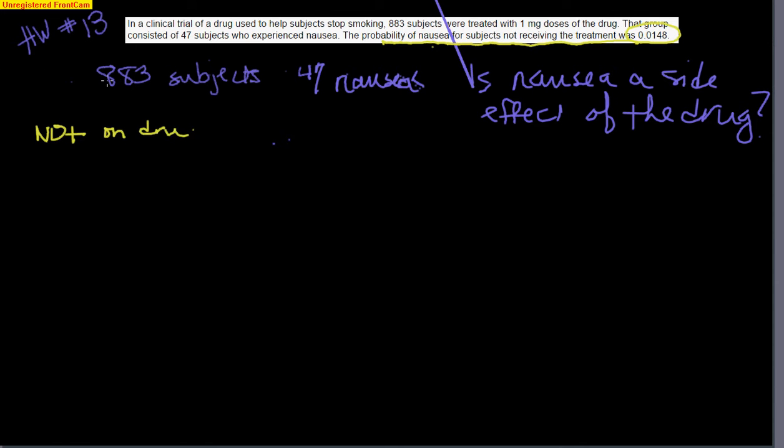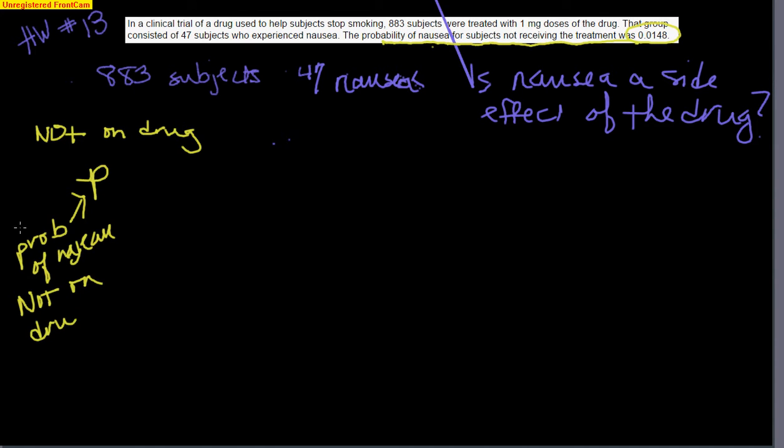Then we know that P, in this case, is the probability of nausea, not on the drug, of the control group. And we are told it is 0.0148.